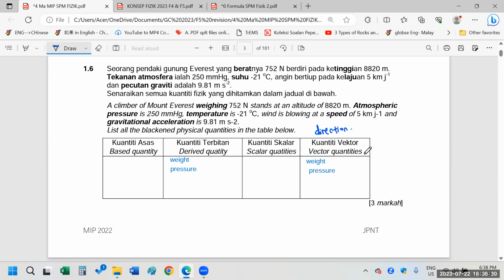Actually, another way to determine whether it is vector or scalar is like this. You write the formula: pressure equals force divided by area.